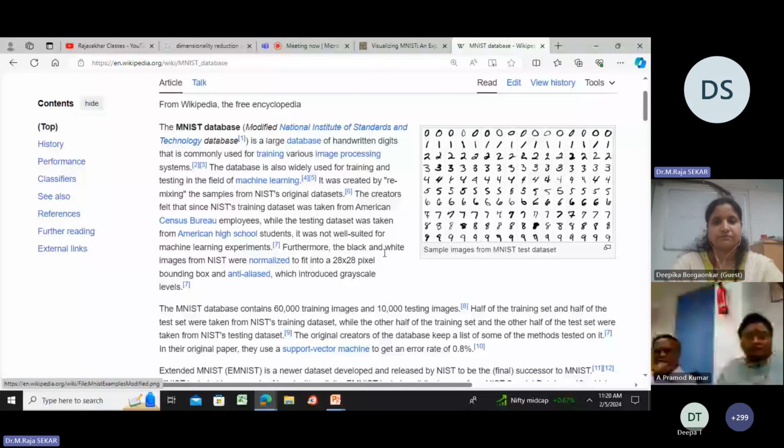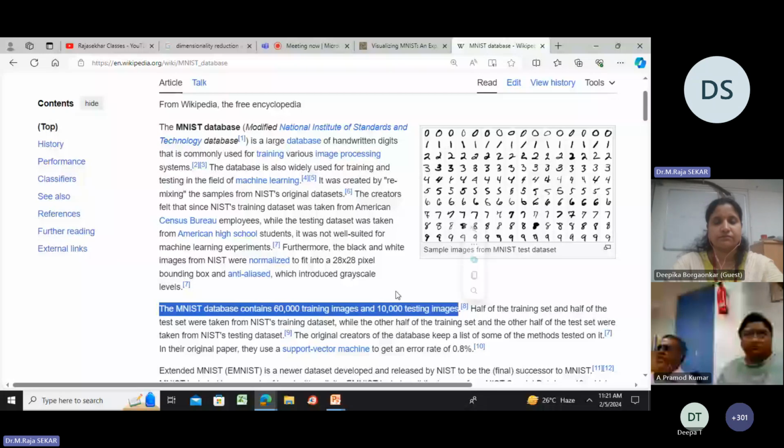How many such images are there? The MNIST database contains 60,000 training images, 10,000 testing images. We will discuss in the next session, maybe tomorrow or the day after, what is training, what is testing, what is cross validation.